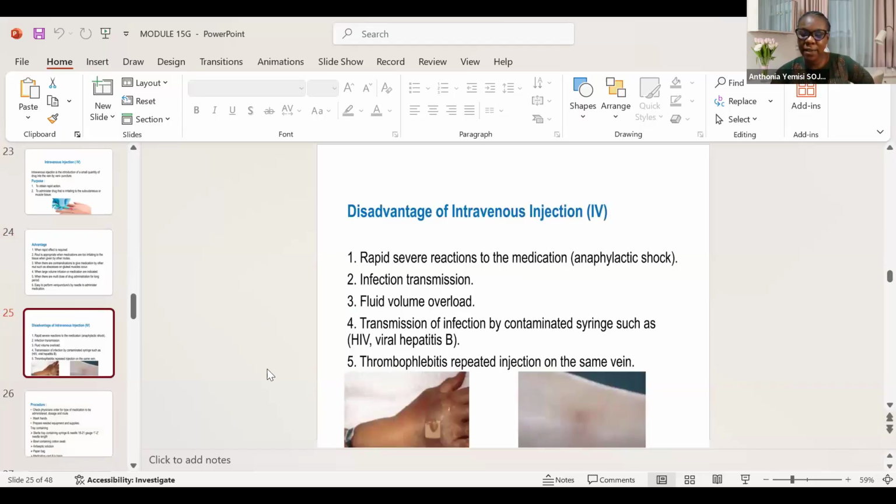But again, like I said earlier when we were talking about peritoneal dialysis, for every clinical procedure, the risk of infection hangs around. And for intravenous injection, there's the risk of thrombophlebitis, which is inflammation of the vein being used for the injection. It could get inflamed, it could get swollen, you could have formation of blisters around there. For prevention of infection, what you want to keep in mind is that you maintain sterility.